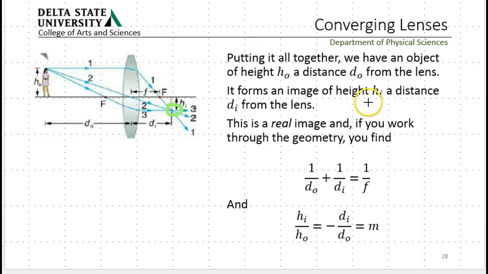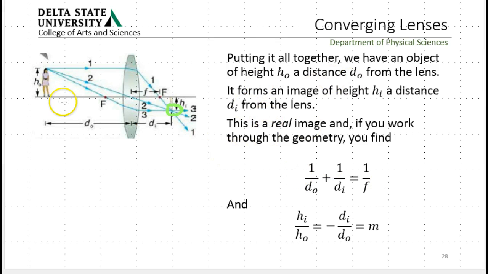Now, if we call the distance to the object DO and the distance to the image that we're going to draw right there DI, then we get the relationship 1 over DO plus 1 over DI equals 1 over the focal length. That's pretty cool.